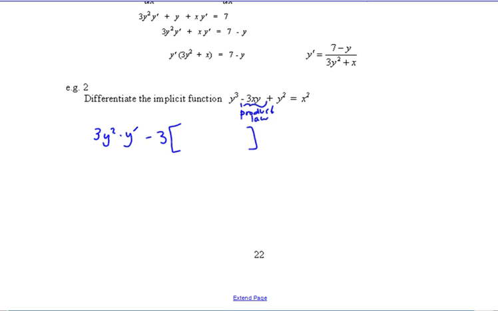So 1 times y plus, leave x, leave the first, the derivative of the second is y prime. So y plus x y prime. So we use the product rule of x times y, and I just kept the constant on the outside.